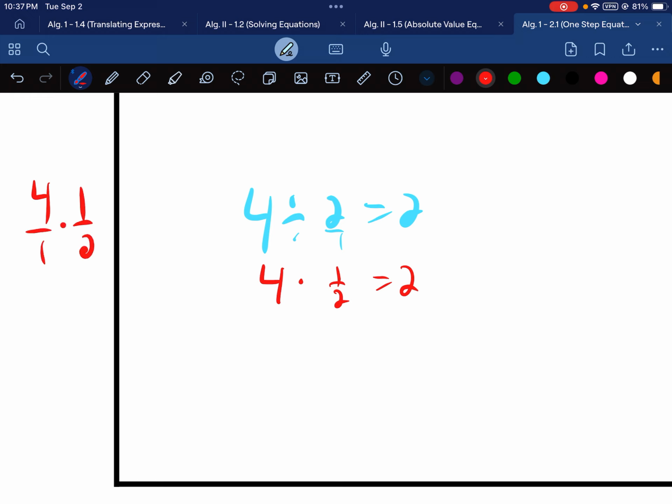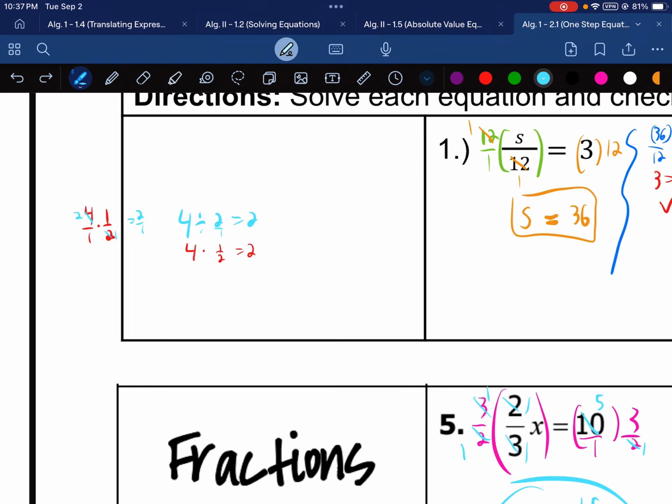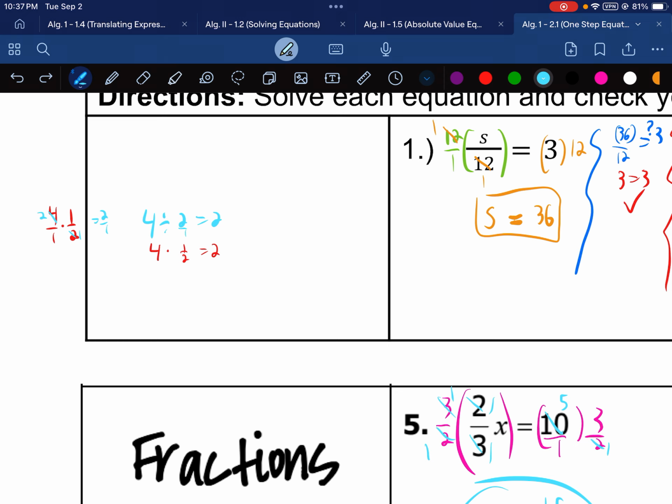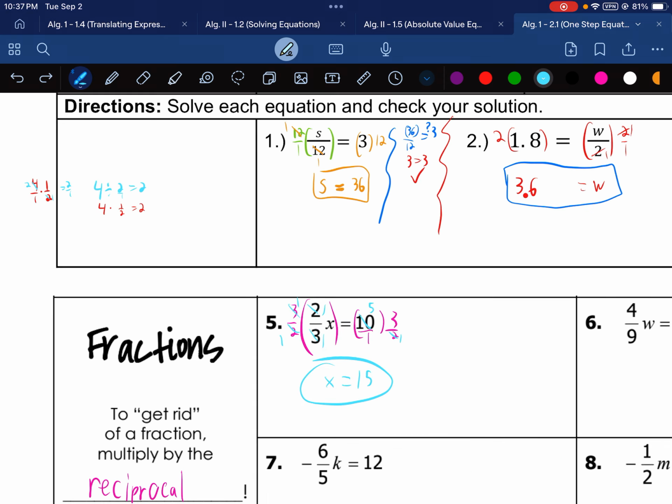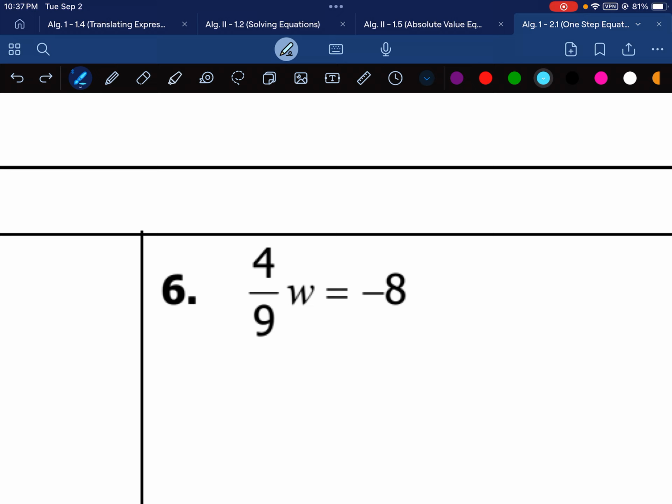And I could showcase that over here by saying 4/1 times 1/2. We can cross-reduce 4 and 2 to become 2 and 1, and we get, just as I mentioned, 2/1 or 2. So whether we divided by 2 or multiplied by its reciprocal, we got the same result. So dividing by a number or multiplying by its reciprocal are the same thing. So with that being said, let's practice number 6.